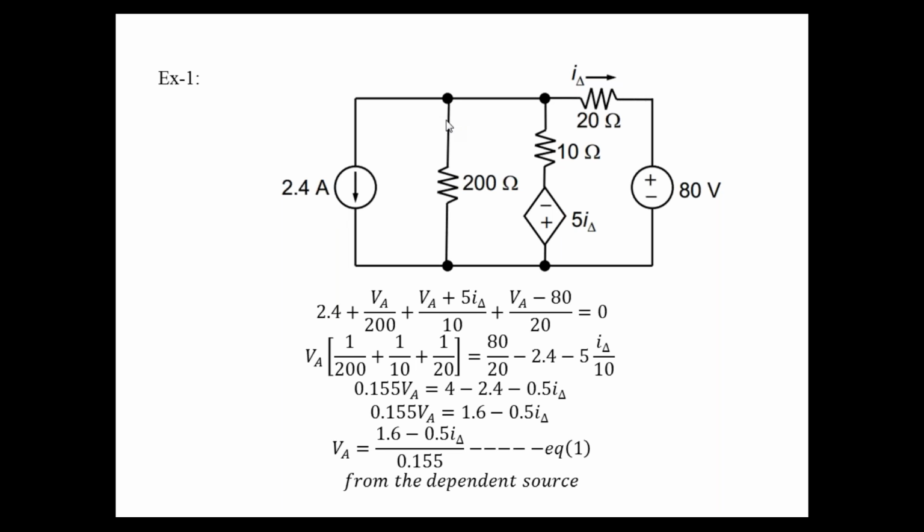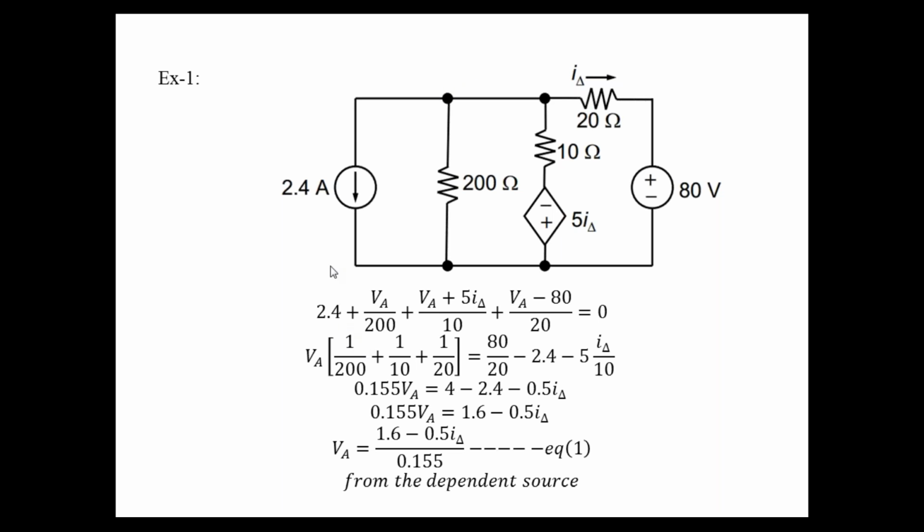So we need to assume the direction of currents for this branch of 200 ohms and this dependent source. Let me assume the direction of these two also leaving the node. That is, all the branch currents at node A are assumed as leaving.